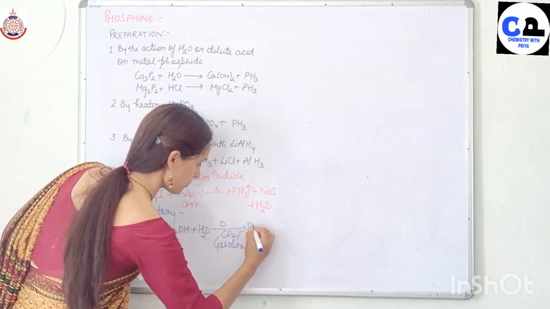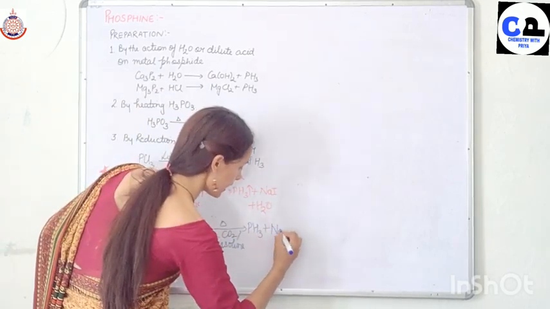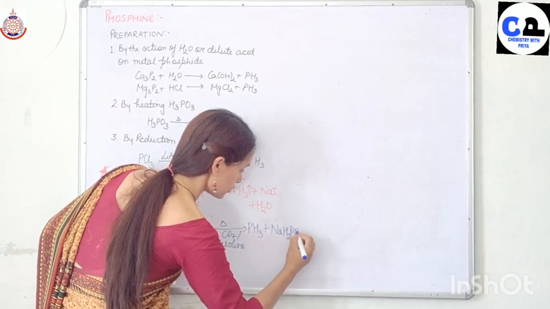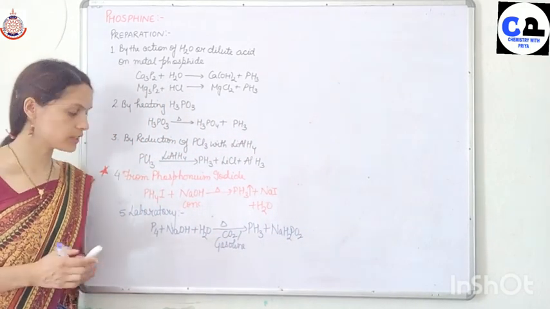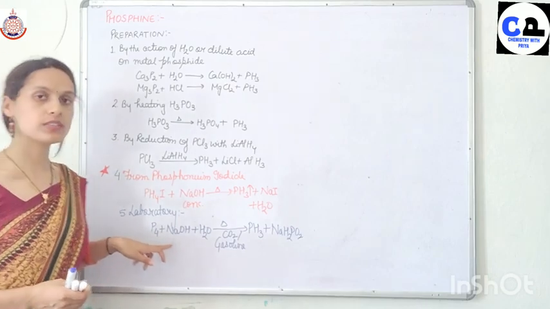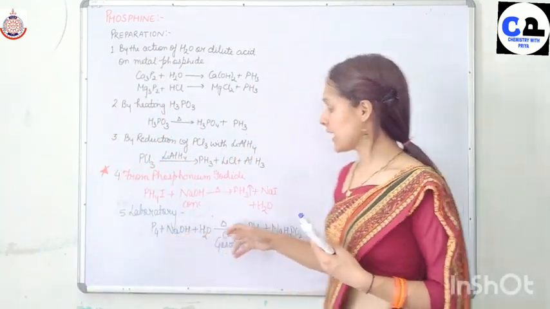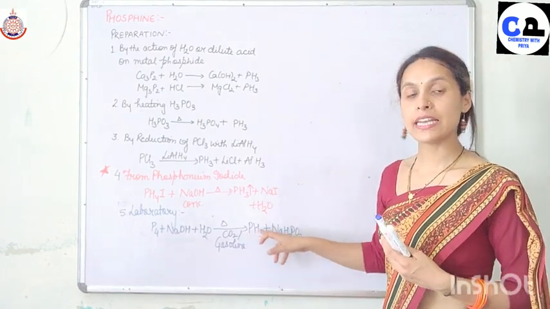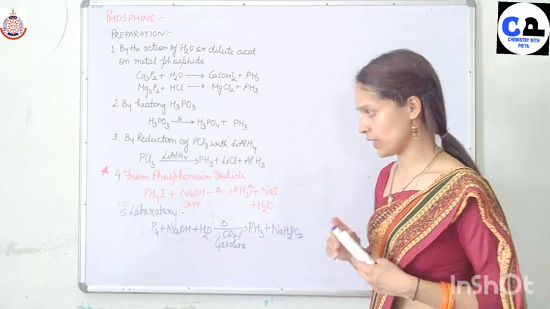We get PH3 plus NaH2PO2. This reaction we have also studied in our previous video: when white phosphorus reacts with concentrated NaOH solution in an inert atmosphere, it undergoes a disproportionation reaction and one of the products is phosphine.